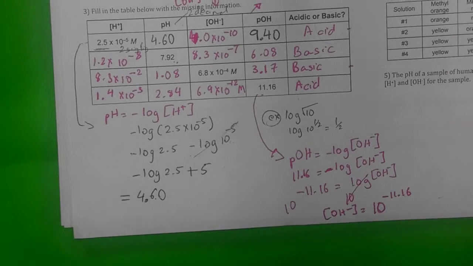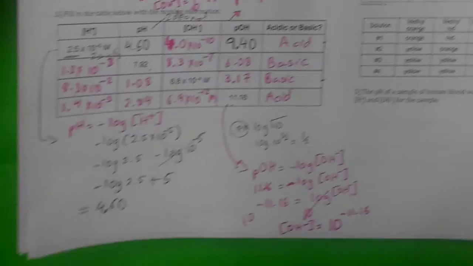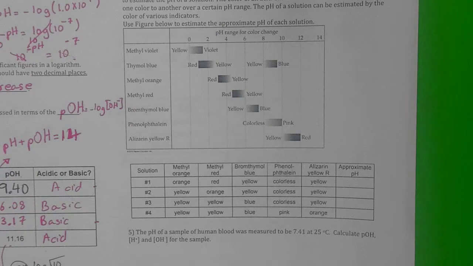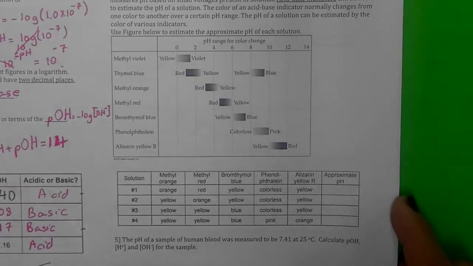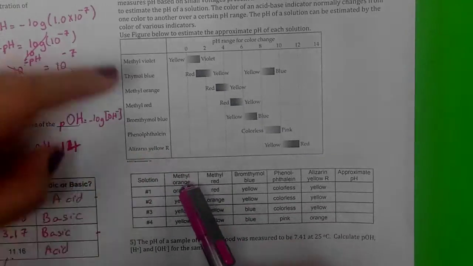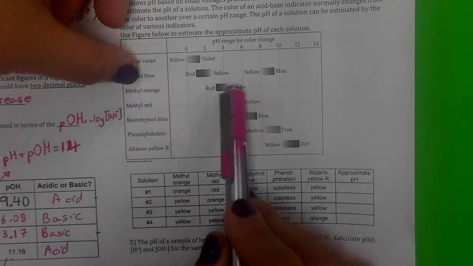Okay, so when you guys are done, I want you to go ahead and take a look at this one. I know you can see the color, but you can see the number label there. So you're going to use those labels to try to tell what kind of pH it is. Here is what I do. Take a look. You want to talk about methyl orange. So I'm going to look at methyl orange, which is here.